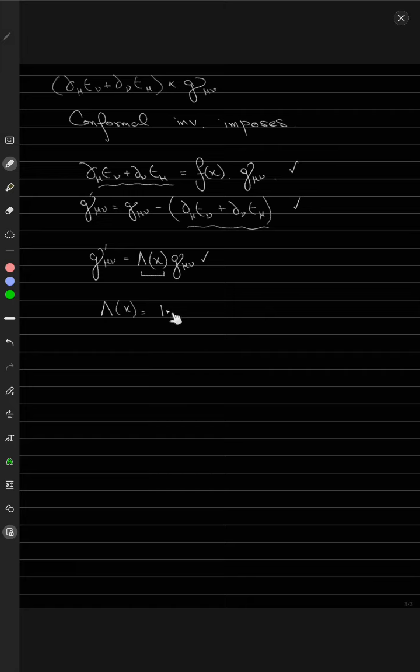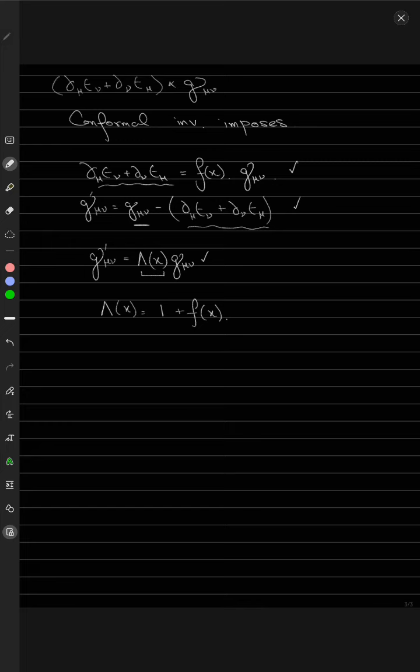So this is equal to 1 plus f of x, because I have this thing, but this thing is just f of x times g mu nu. So I can factor out g mu nu.